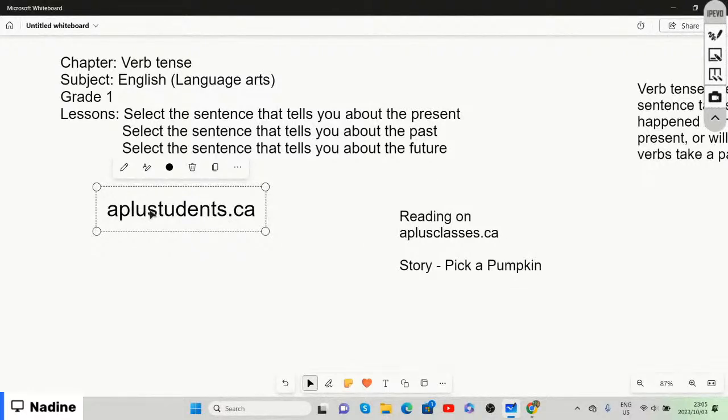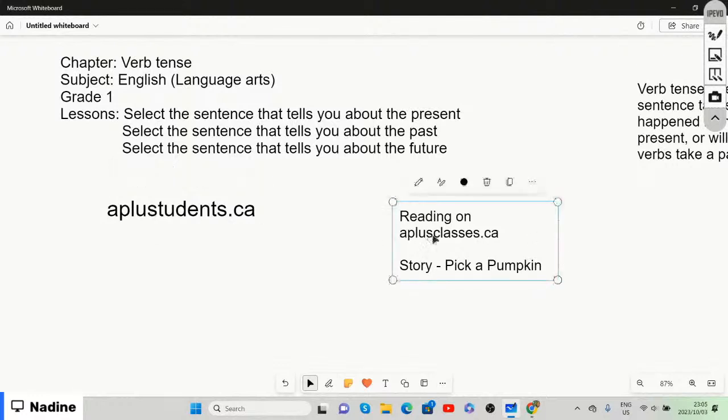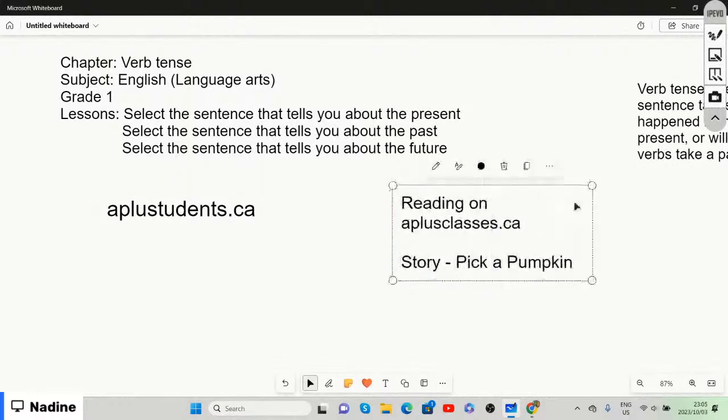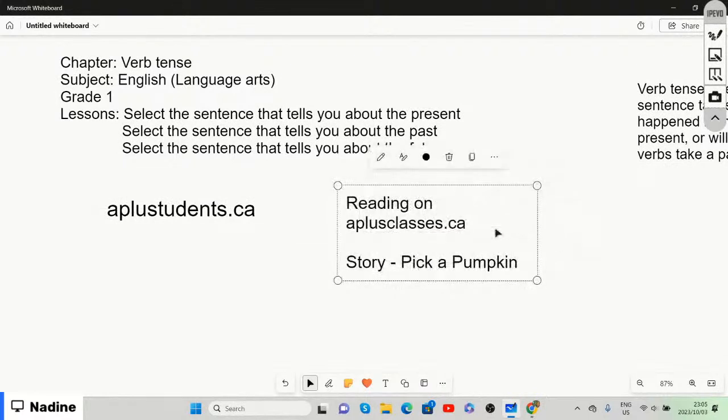Before we end the class, we are going to read a story, which is Pick a Pumpkin, and that is going to be on aplusclasses.ca. But that will be close to the end of our lesson.